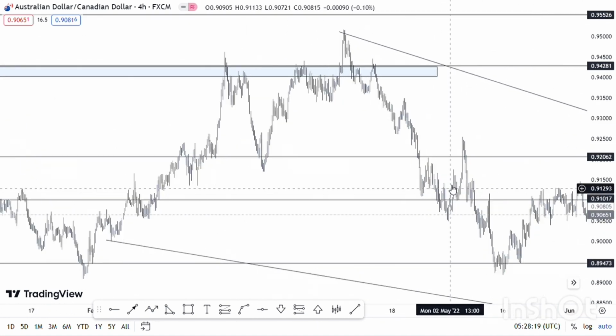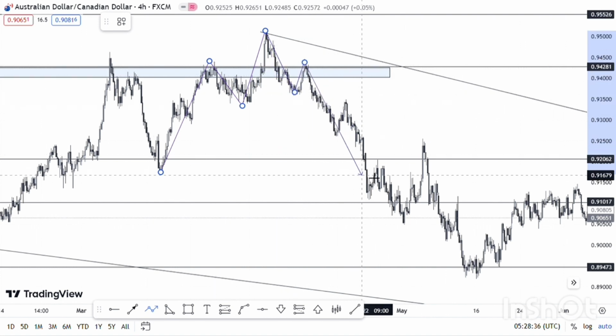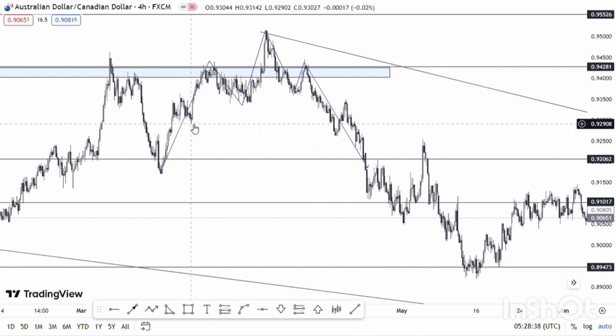This will be my first trade. These are the market patterns and the market structures that I'm talking about. Here we have a head and shoulders pattern. As you can see, this is my left shoulder, and then my head, and my right shoulder.